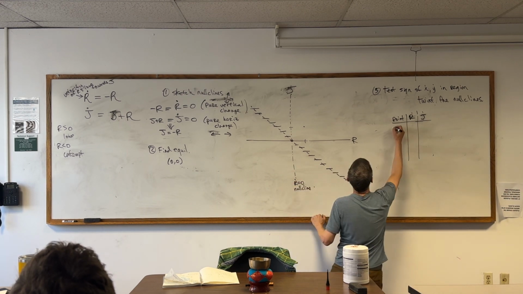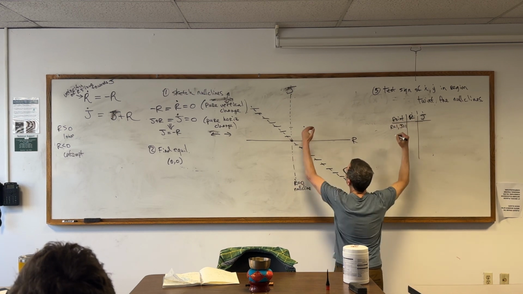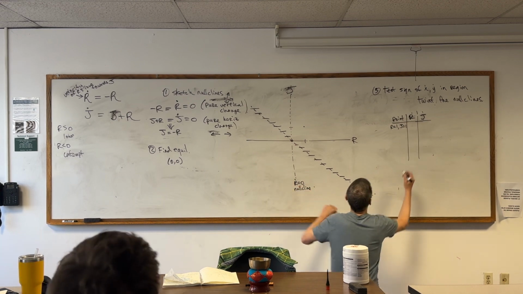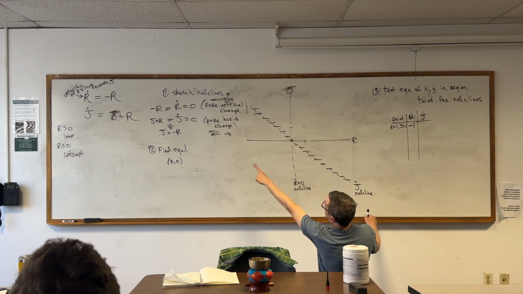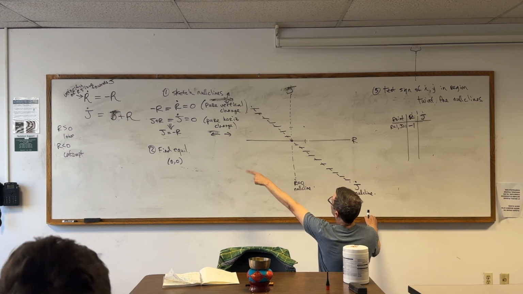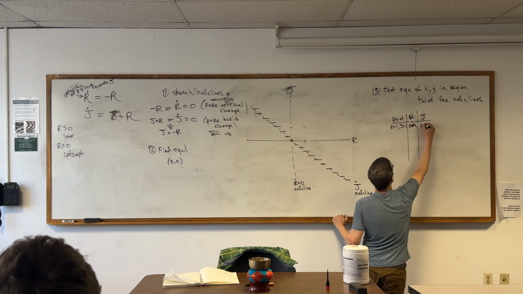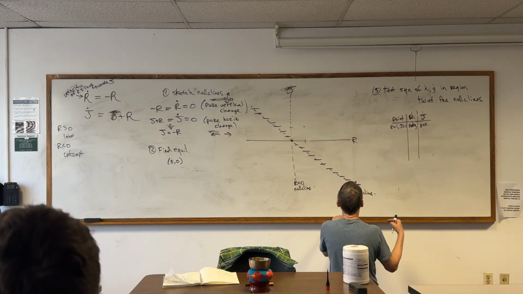So at the point r equals 1, j equals 1, clearly in this region, r dot is -1, and j dot is the sum of the components, so positive. So this is negative, and this is positive. Again, I don't care about the actual values.